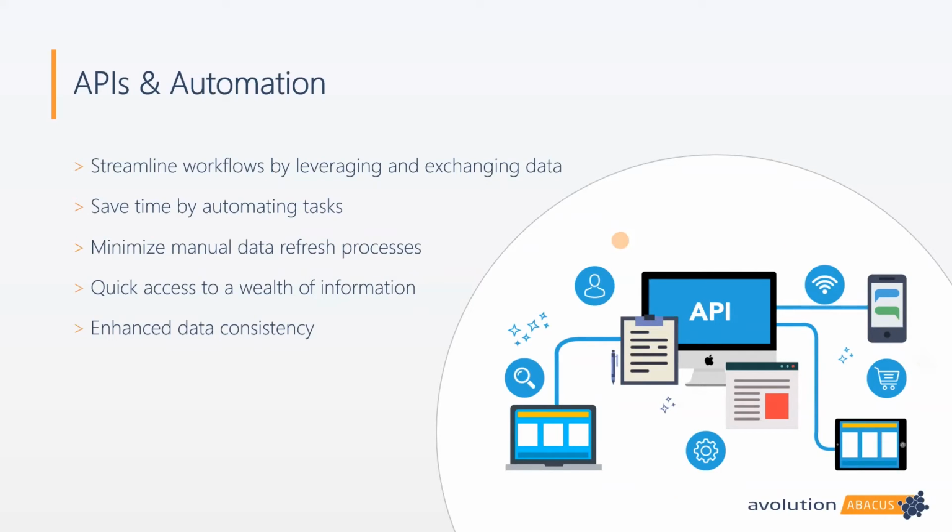Once API integrations and automations are in place, you're going to be able to work with any information that is stored in your enterprise architecture repository, all whilst minimizing the manual data refresh processes. You're allowing that API and any integrations to do that work for you. For enhanced data consistency, you'll be able to query and filter data with simple to use standards, which should give you quick access to a wealth of information as well.